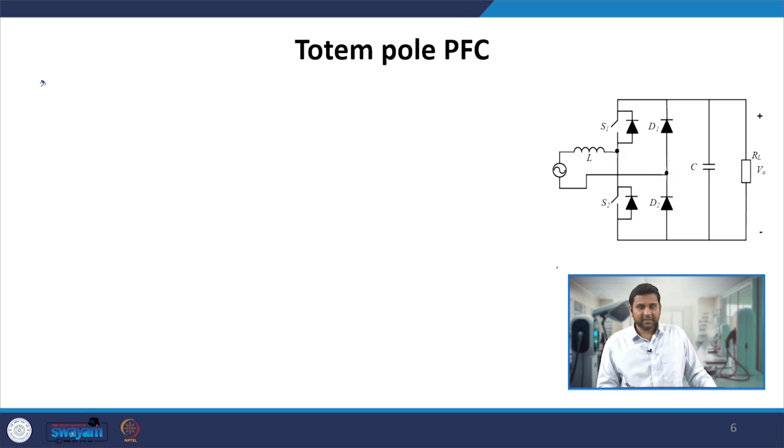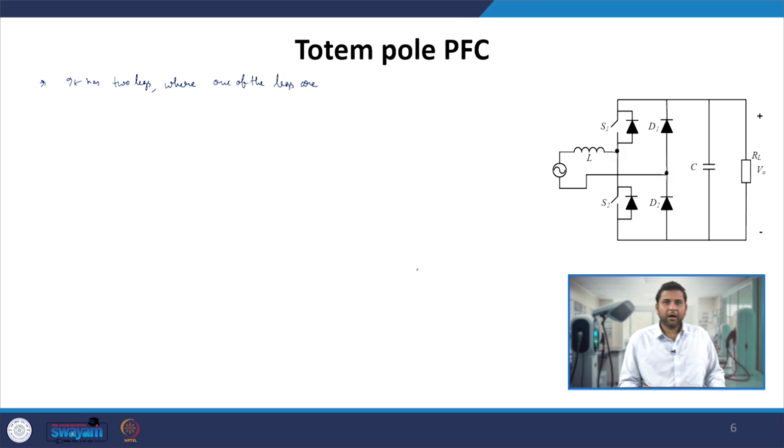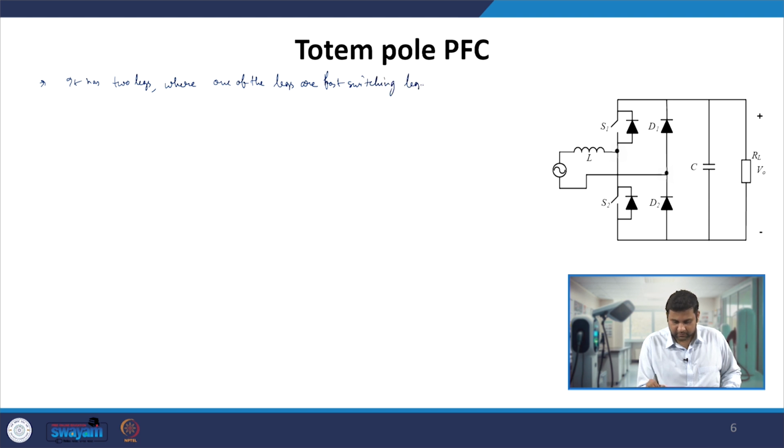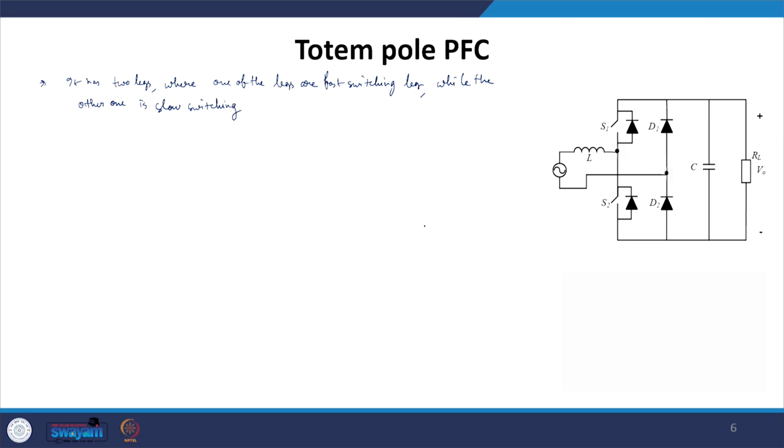So we can say that the operation is such that it has two legs, where one of the legs is the fast switching leg, while the other one is the slow switching, or you can say line frequency switching, leg.